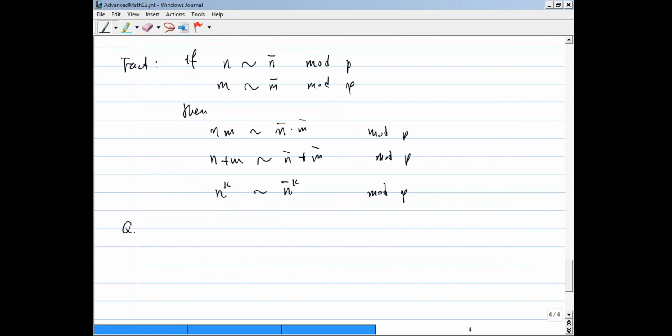We know 67, when divided by 7, the remainder is 4, because 67 is 7 times 9 plus 4, right?